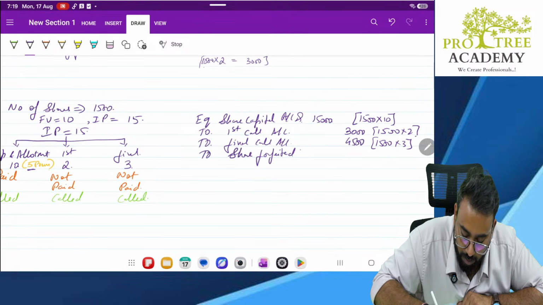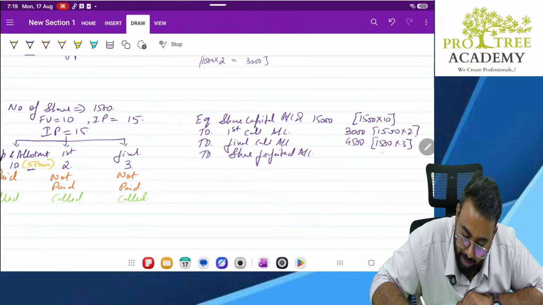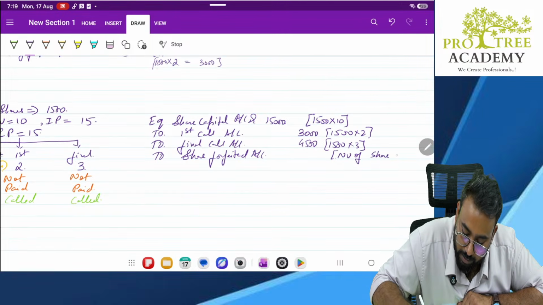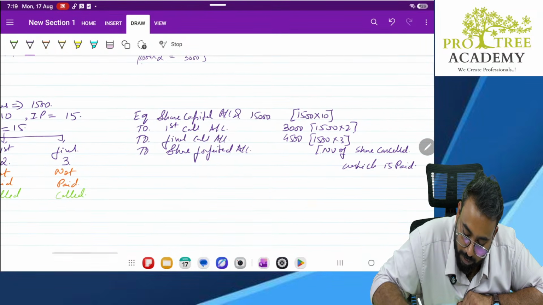To share forfeited account. How much? Here, nominal value of shares cancelled which is paid. Too confusing?